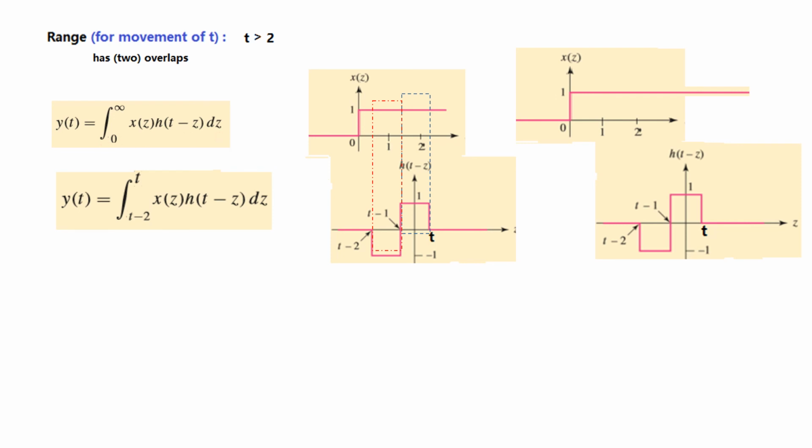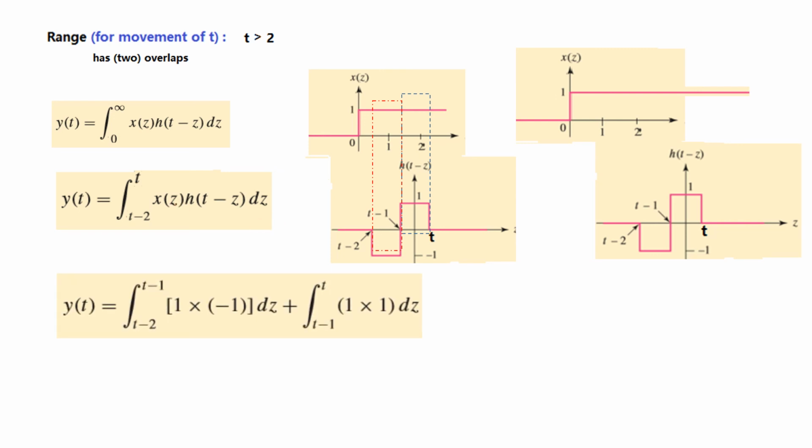This is the original definition. Now our integration range is from here, t minus 2 to t, and we'll then break it down into two parts. So t minus 2 to t minus 1 for this curve, and t minus 2 to t for the other positive portion.